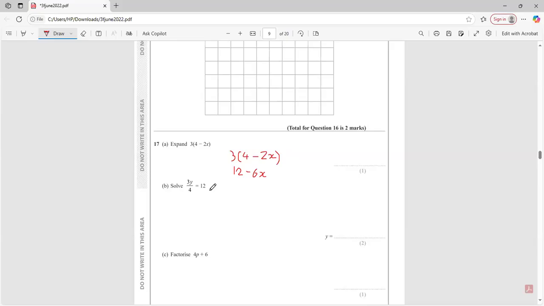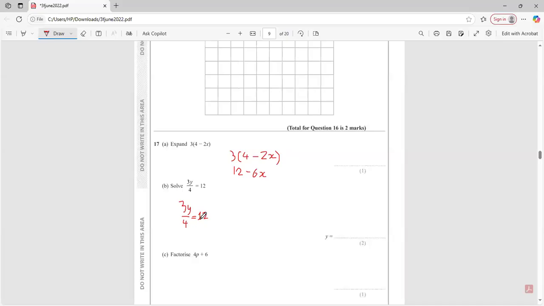It says we should solve this. Whenever they ask you to solve something, it means you should find the unknown. So, 3y over 4 equals 12. If you remember the principle, anytime something is multiplying what you're looking for, simply divide both sides by that thing.